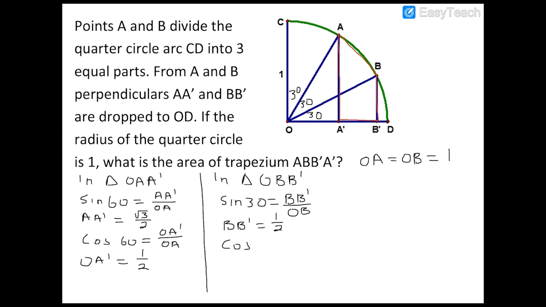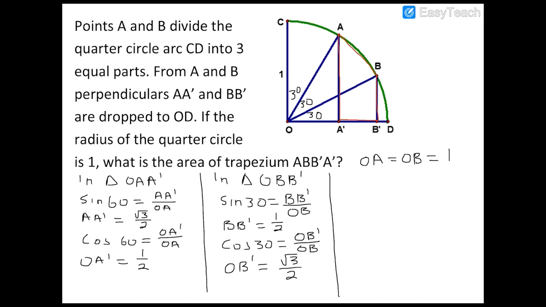And cos of 30 will be equal to OB prime over OB. OB is 1, so OB prime would be equal to root 3 over 2.